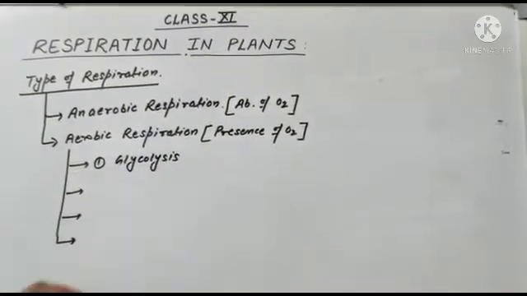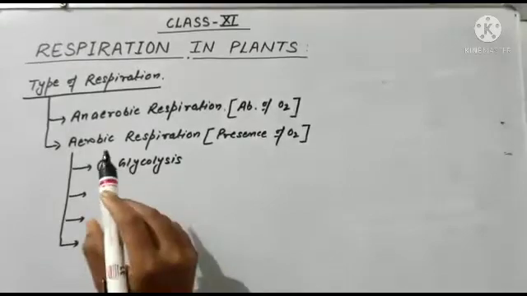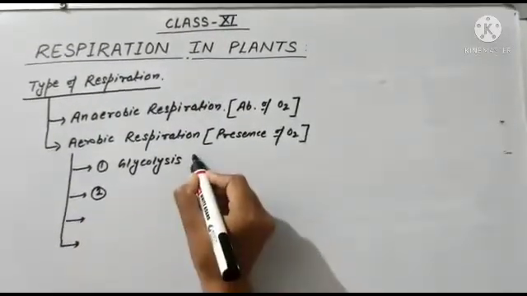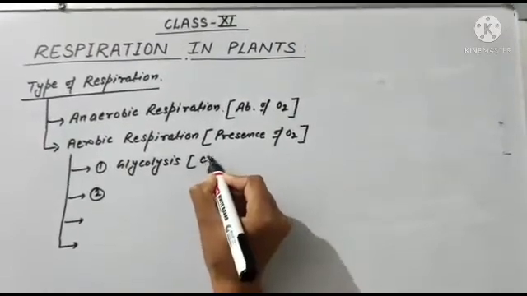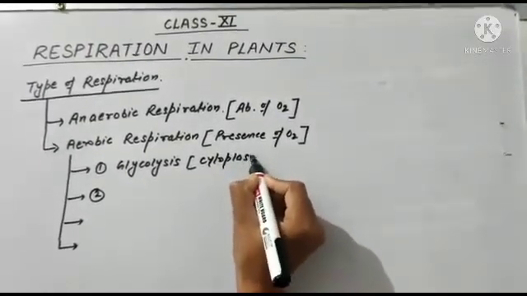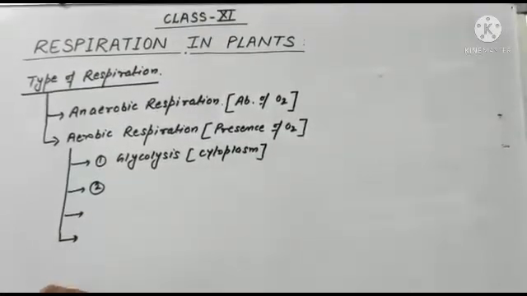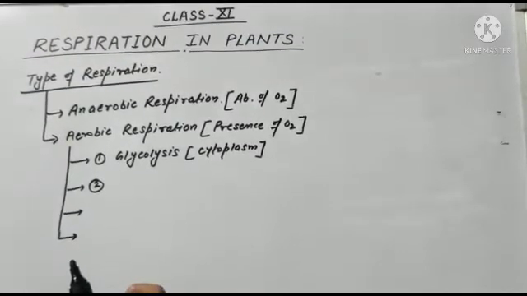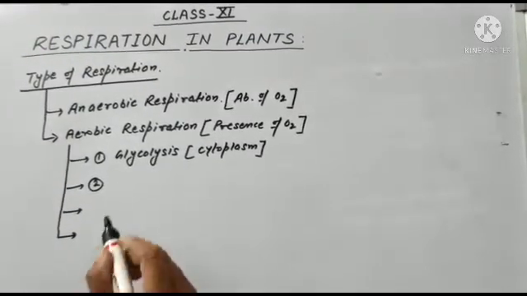as we have discussed in detail in anaerobic respiration. This glycolysis generally occurs in the cytoplasm. So we need to keep in mind the site of these reactions. Glycolysis generally occurs in the cytoplasm, and it is the first common step for anaerobic as well as for aerobic respiration.